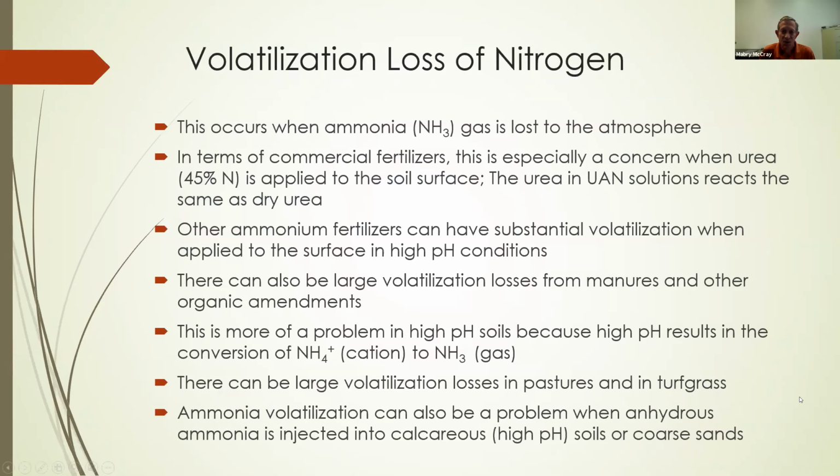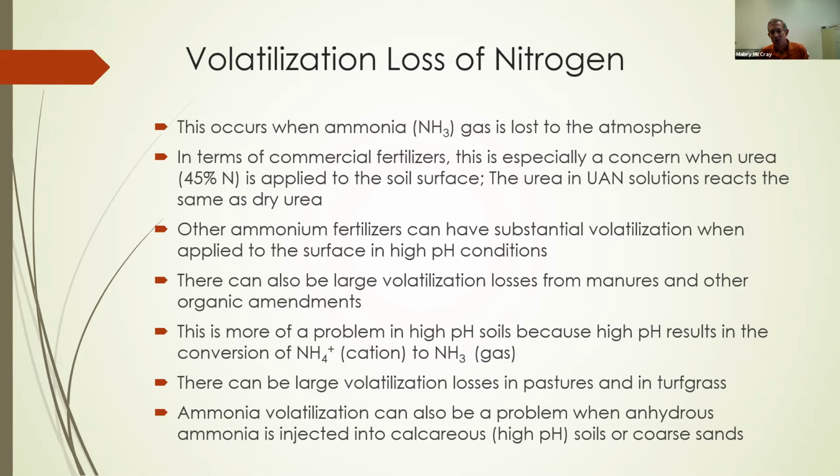Okay, another potential loss is volatilization. This occurs when ammonia gas is lost to the atmosphere. In terms of commercial fertilizers, it's especially a concern when urea, which is 45% N, is applied to the soil surface. Also, UAN solution reacts the same as dry urea, so it has the same concern.